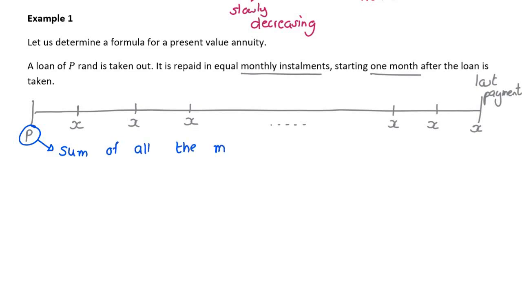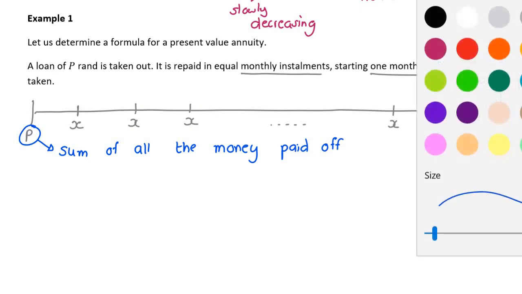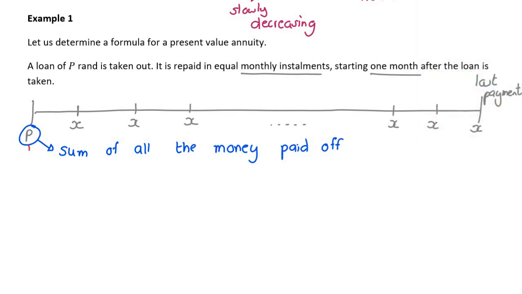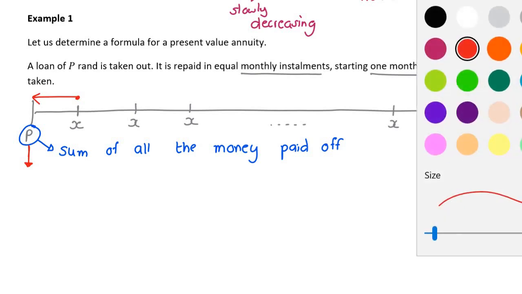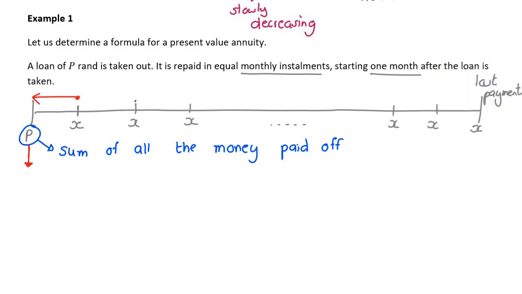Now the only problem is you can't just say, cool, I paid off X, I don't know, N times. Because remember, you cannot add money together unless you know what it's worth at the same time. So let us look at where this loan is. This loan amount is here in the present. It's right now. So can I find out what this X value is worth now? And can I find out then what this second payment of X is worth now?